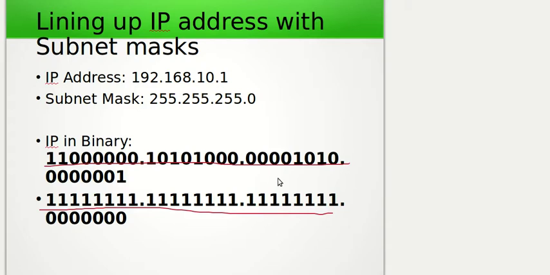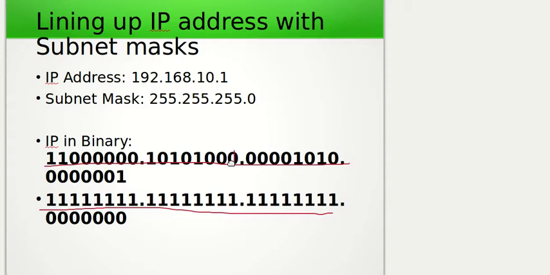As an example, if a device has a 1 here instead of a 0, it's considered to be in a different network, because when we compare these 24 bits with the 24 bits of another device, there's going to be at least one binary bit which is different.